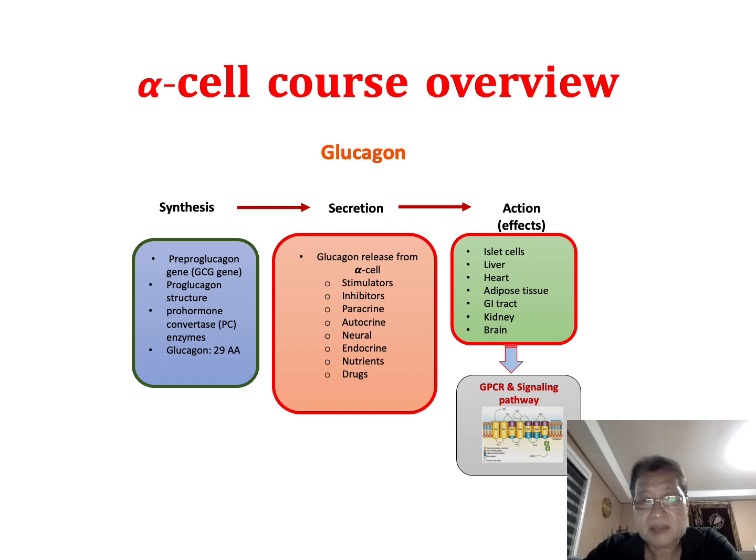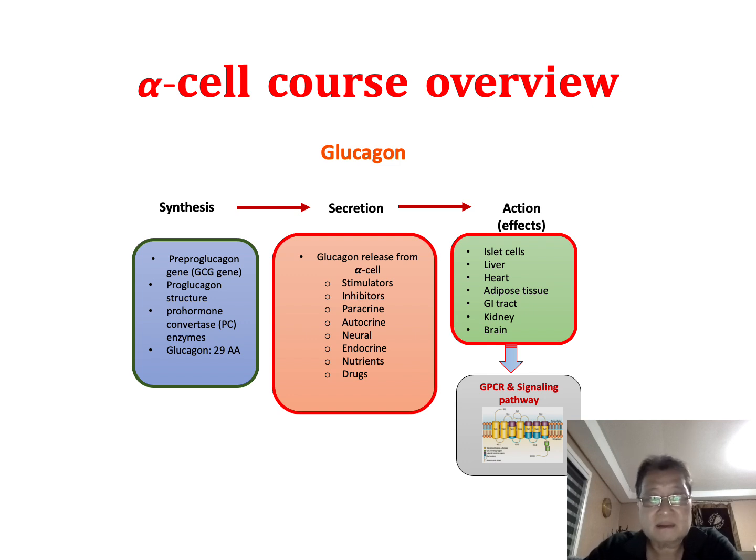Okay, but in the alpha cells, there is the prohormone convertase 2, specific for the alpha cells, that splits the long pro-glucagon structure into a 29 amino acid sequence called glucagon.